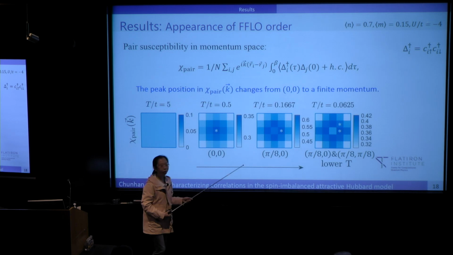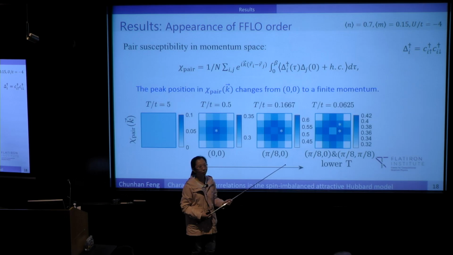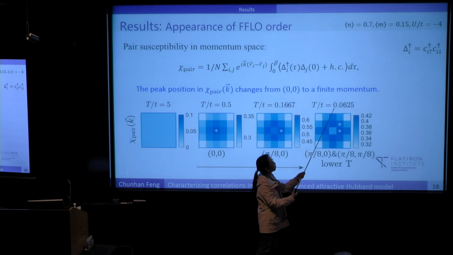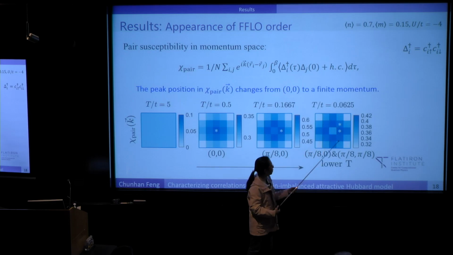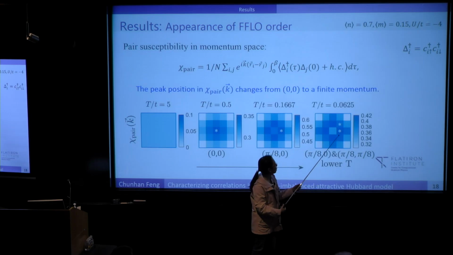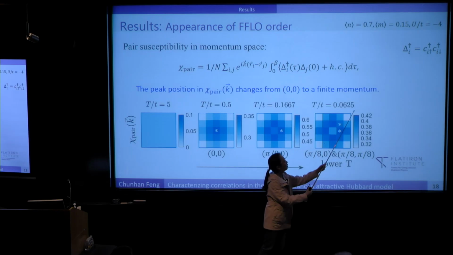And later, when we further lower the temperature to 0.16, we can see the peak position shifts to (pi/8, 0). It appears at some finite momentum, so that corresponds to the FFLO order. And finally, at a pretty low temperature equal to 0.06, if we look along the x direction, there is a peak at k equal to (pi/8, 0). And if we look along the diagonal direction, there is also another peak here at (pi/8, pi/8).